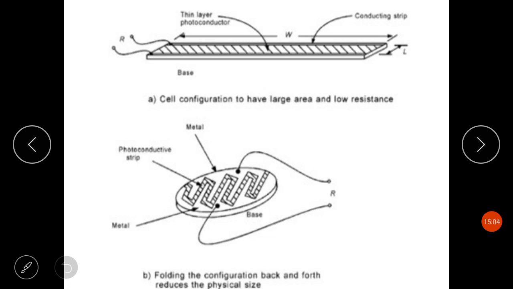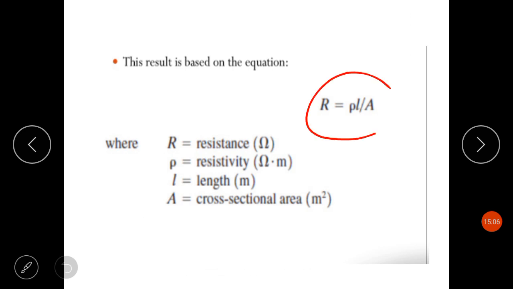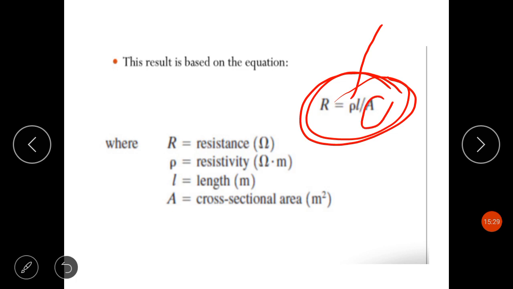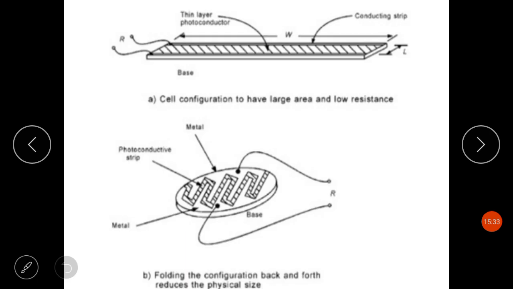We know R is equal to rho L by A. The photoconductive semiconductor material has very high resistivity, which makes the resistance very high for practical applications. So how do we reduce the resistance? We can reduce the resistance by increasing the area and decreasing the length.